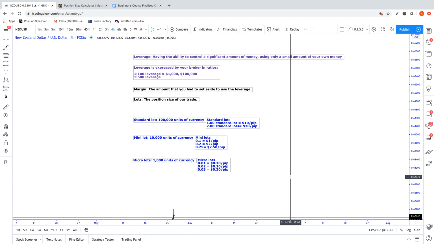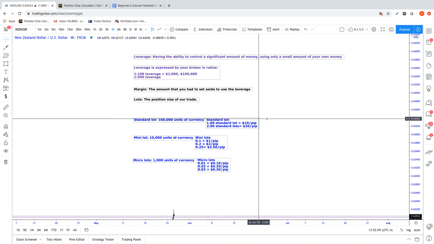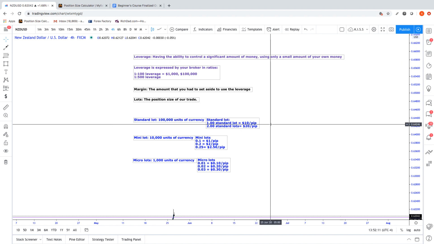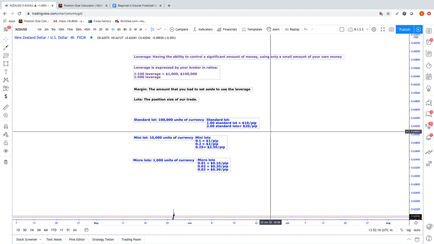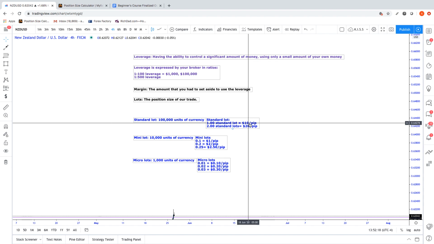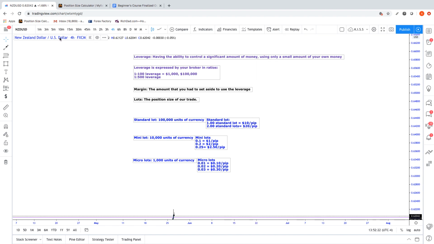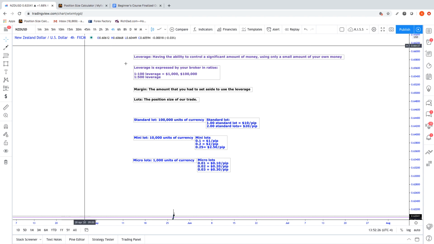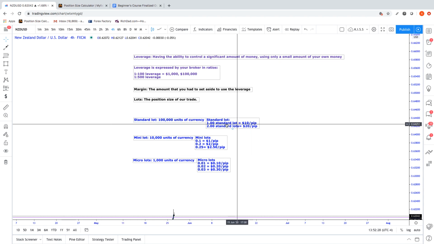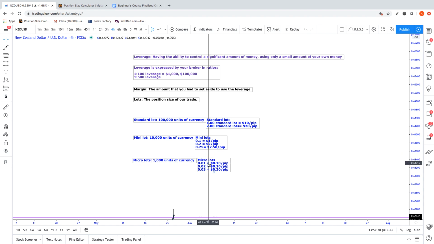The standard lot, for the major currency pairs, does yield $10 a pip. It depends on the quote currency, the second currency within the pair, which determines the actual monetary value of a standard lot, a mini lot or a micro lot.